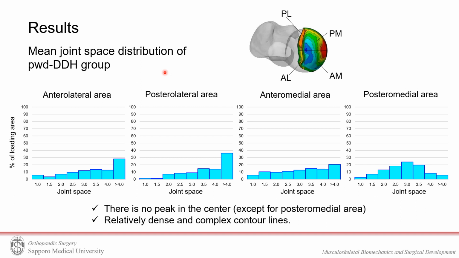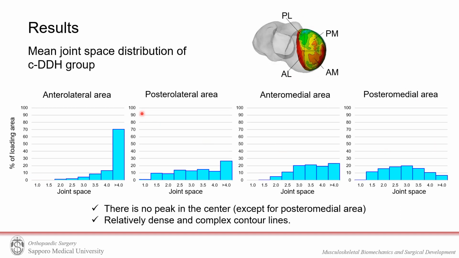Results. Mean joint space distribution of the PWD-DDH group: there is no peak in the center, except for the posteromedial area, and relatively dense and complex contour lines. This slide shows the CDDH group.